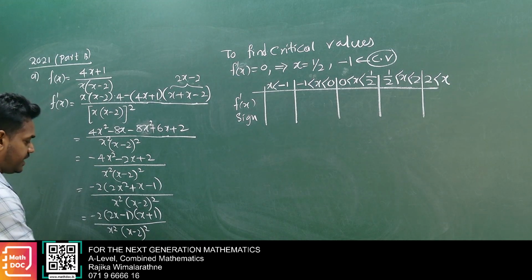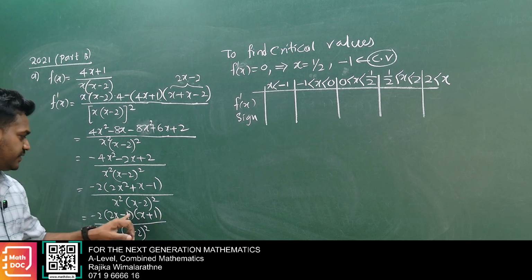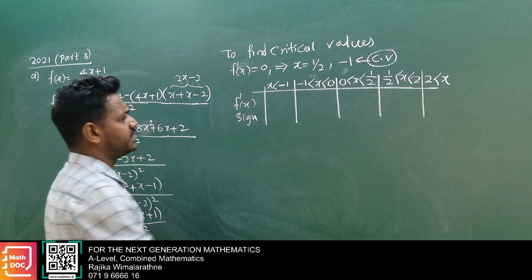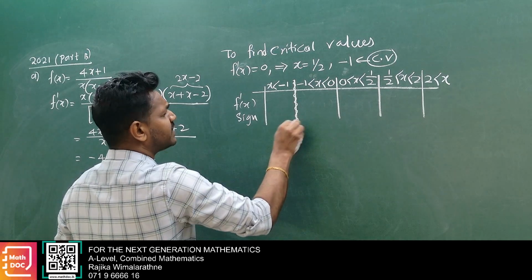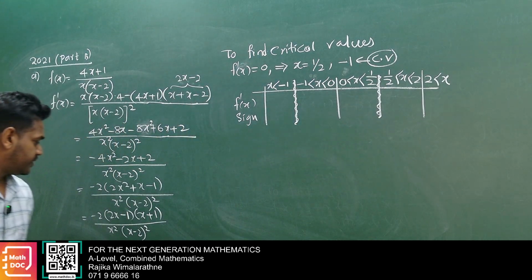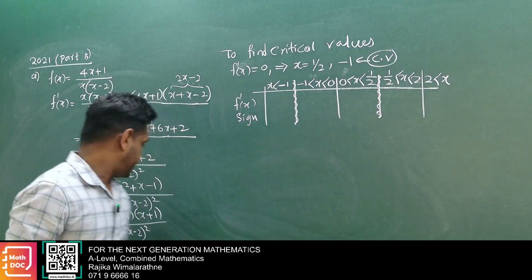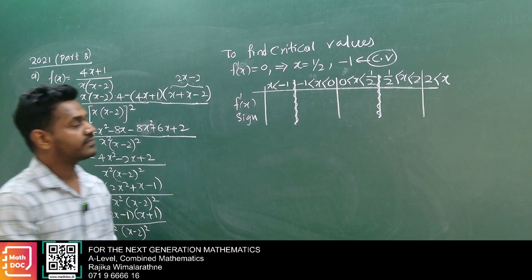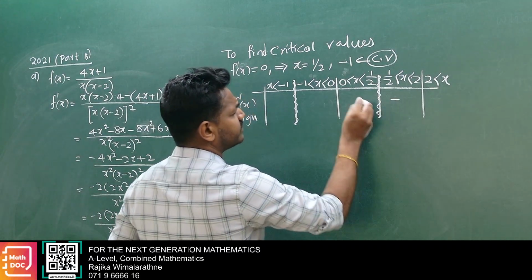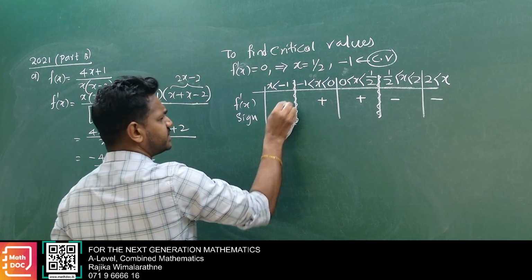Here for dy over dx, we know an even power gives no change. So at half and minus 1 it changes sign. Usually the right-hand end is positive, but here it is negative. Negative, then change to positive, no change, negative, no change, change.